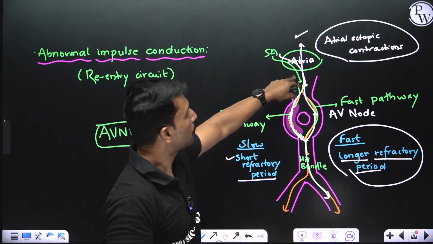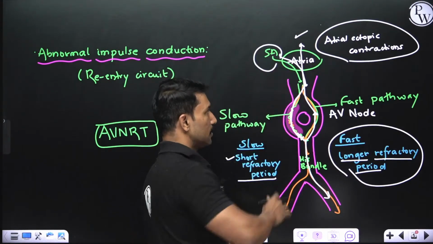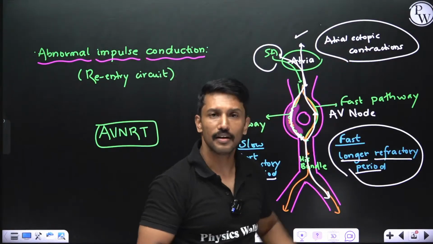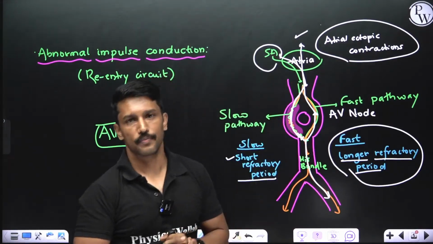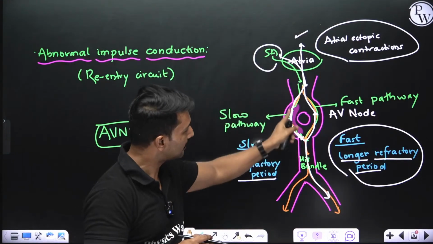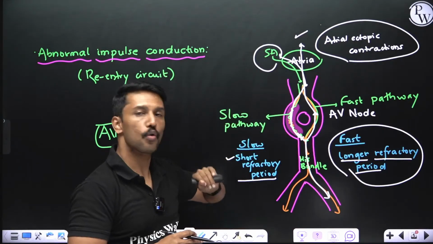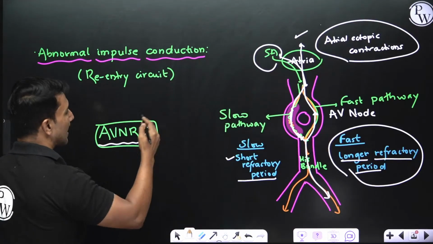So now what happened to the atrial rate? Atria got depolarized earlier from the SA node. Now this is an extra atrial contraction because of this re-entry, right? Now where is all this re-entry happening? Re-entry is happening at the level of the AV node itself. That's why it is called AV nodal re-entrant tachycardia.